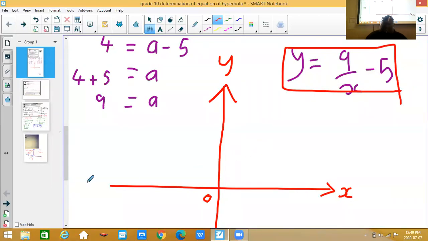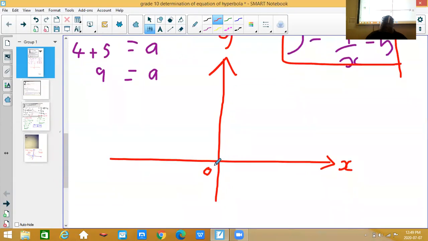What is it? What is the horizontal asymptote? What is the equation of that one? y is equal to -5.